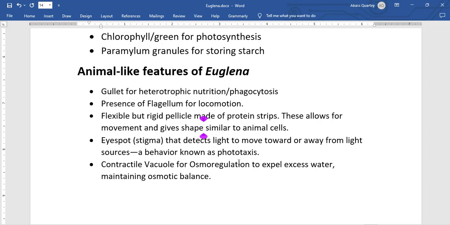And then another important feature related to animals is the presence of the contractile vacuole. Contractile vacuole for osmoregulation to expel excess water, maintaining osmotic balance. That's what happens in the kidney of humans in order to regulate the amount of water in the blood.